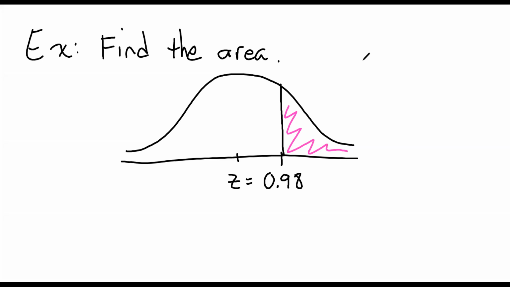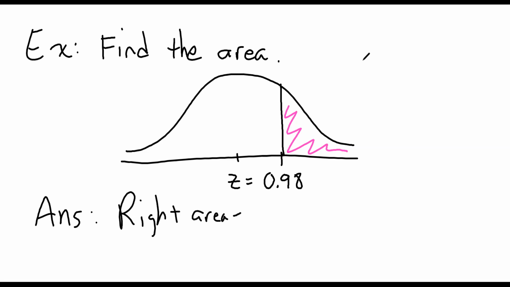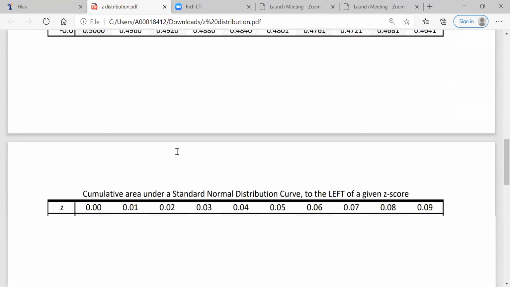If you didn't pause and try it, I'm about to answer it, so spoiler alert. Right area is always 1 minus the left area. So let's look up the left area by looking up 0.98 in the z-chart. For 0.98, you have to go to the second page.